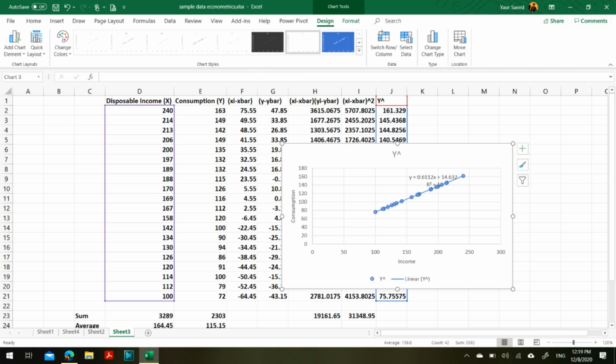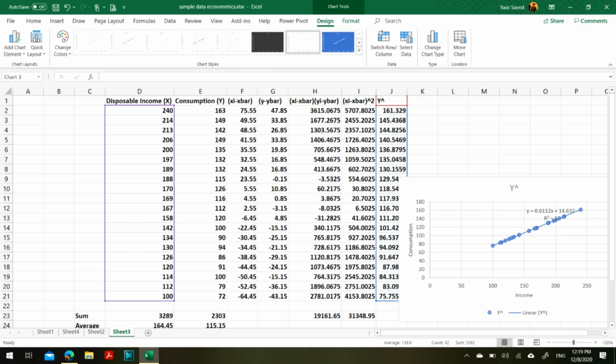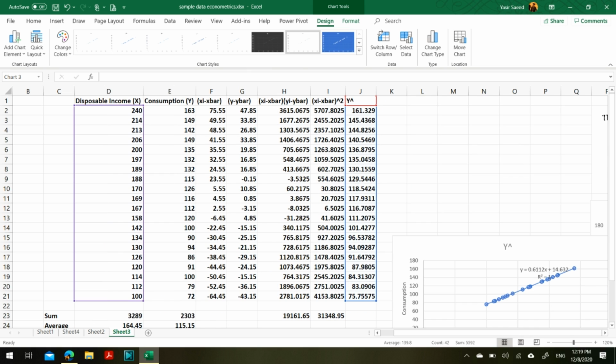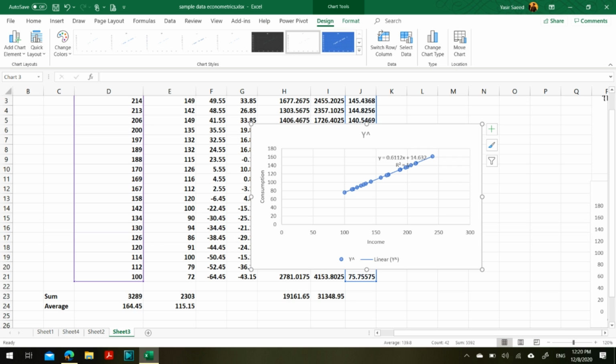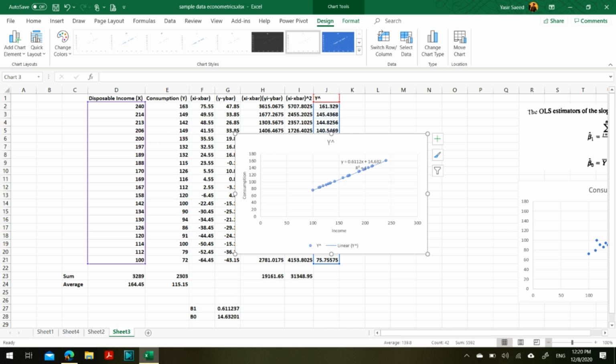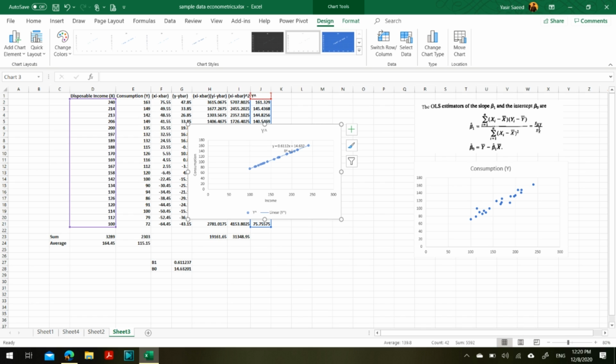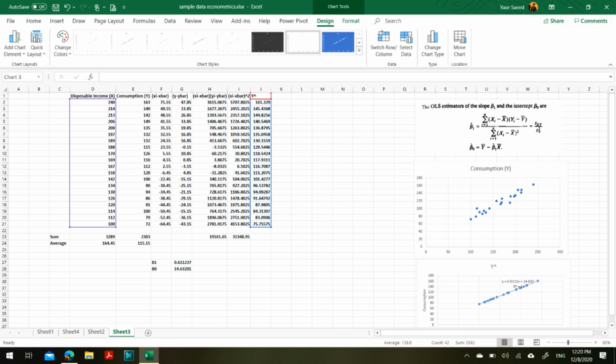This can do the job for me. Okay, let me move it to this side so that we can work on more things over here. We can use this graph and copy it to Microsoft Word in case I am doing any research work.